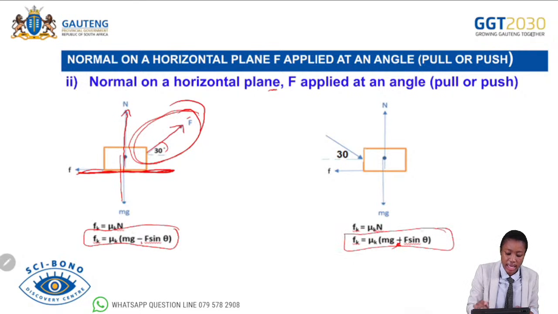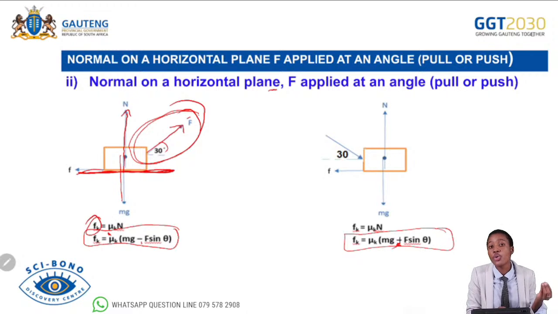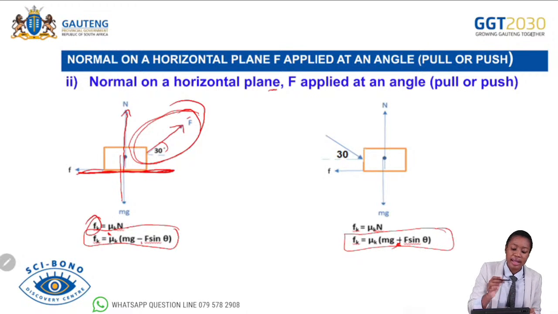So here, if we want to get the kinetic frictional force, we know that the kinetic frictional force is the coefficient of kinetic friction times the normal. And in this case, what is my normal? Your normal is determined by mg minus F sin theta.